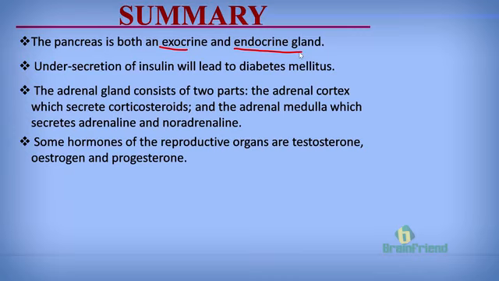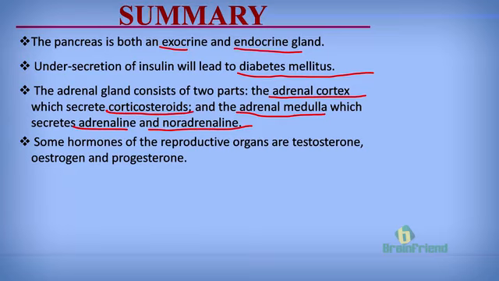And we said insulin, when it's under-secreted, will result in a condition known as diabetes mellitus. We also saw the adrenal gland. We said the adrenal gland consists of two parts. It has the adrenal cortex, the outer part, and the adrenal medulla. The adrenal cortex secretes corticosteroids, while adrenal medulla secretes adrenaline and noradrenaline.